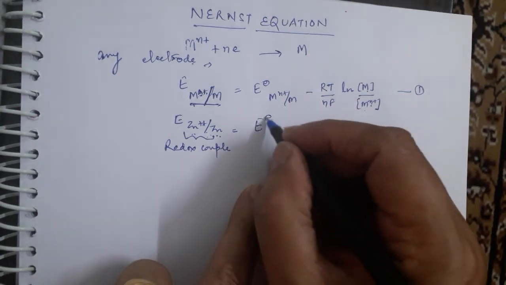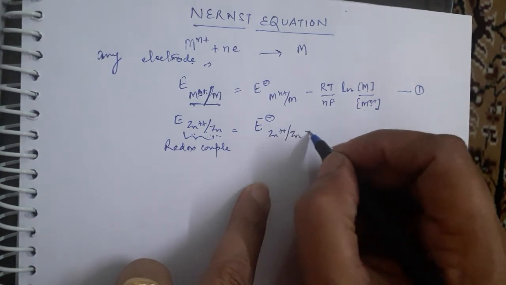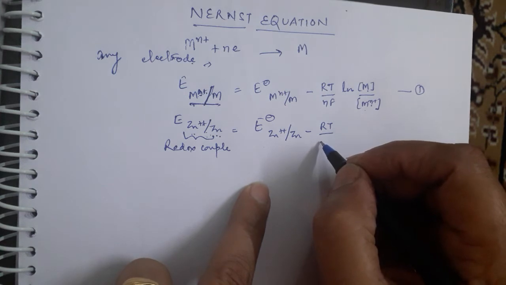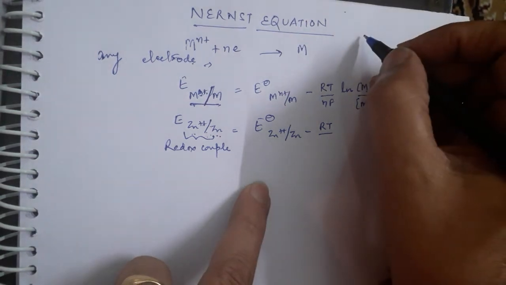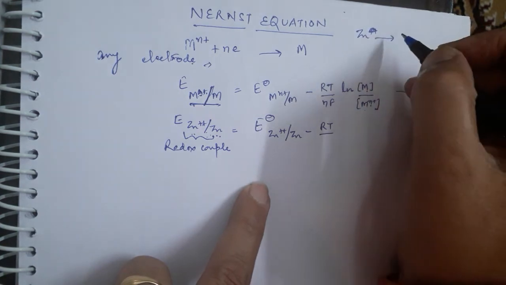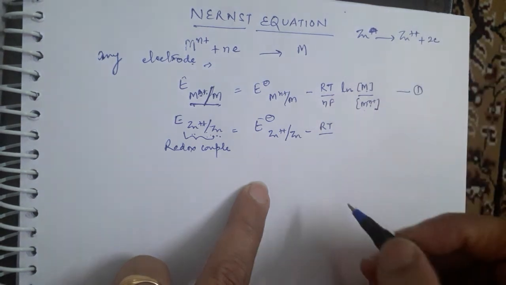What will it be? It will be E naught Zn minus RT upon nF, where n is the number of electrons transferred. So if we write the species of zinc, in the case of the galvanic cell, zinc gets oxidized to zinc ions, losing 2 electrons.